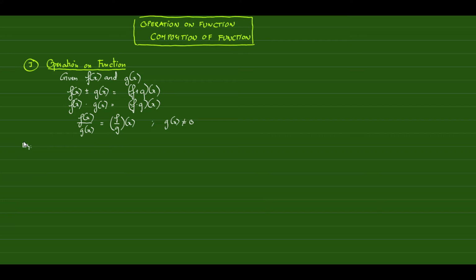I give you two functions like this. f of x is the basic one, for example x plus 1, and g of x is 3x minus 2, something like that. Now I want you to find f of g of x.